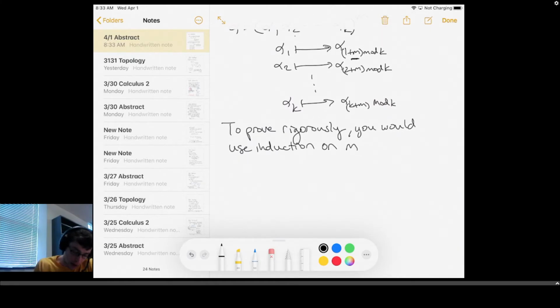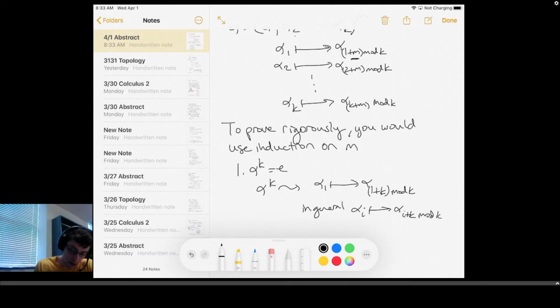Okay, so the question is, when is this the identity? Let's verify that we want alpha to the k equals e. Well, alpha to the k sends alpha 1 to alpha 1 plus k mod k. And in general, because these are all the same, alpha i goes to alpha i plus k mod k. But what is i plus k mod k?